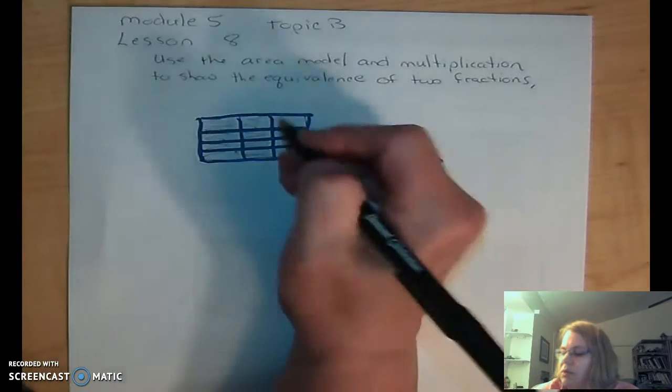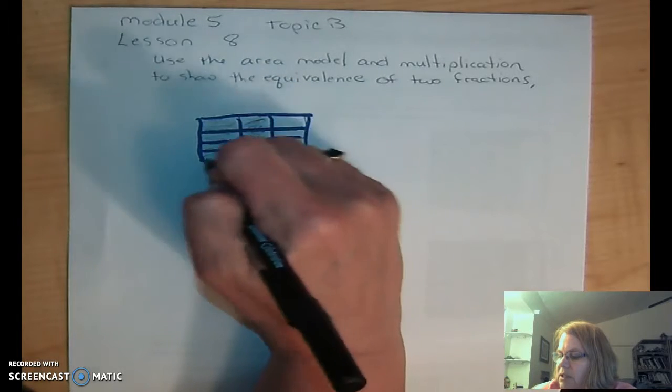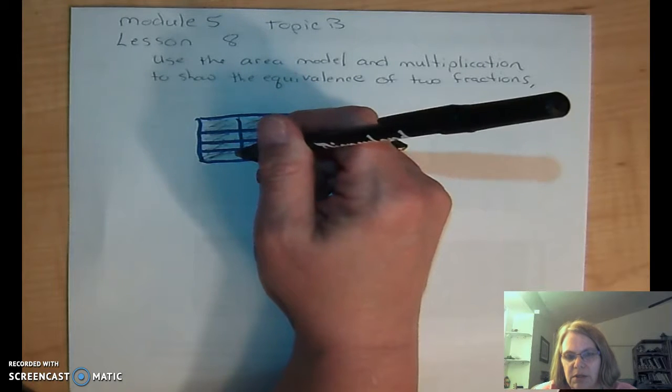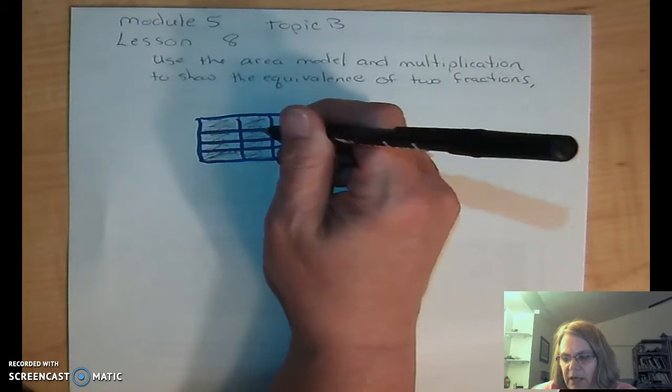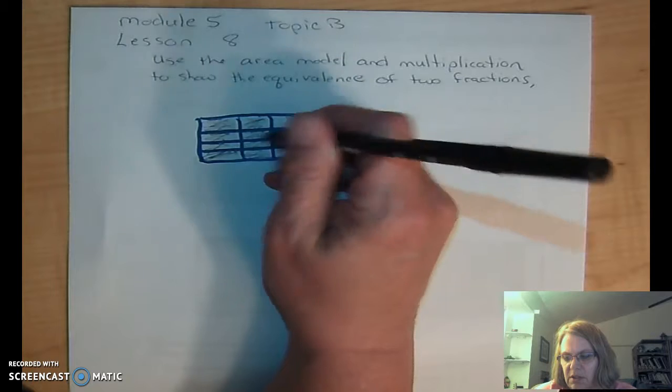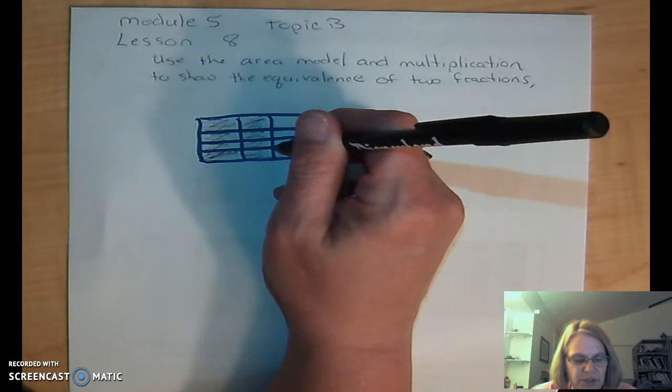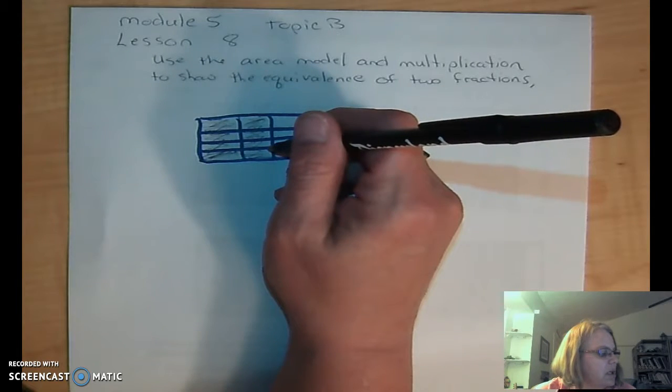Okay, so what happened to these parts as we added more lines horizontally and partitioned it again? Did they get bigger or smaller? Yeah, they got smaller.